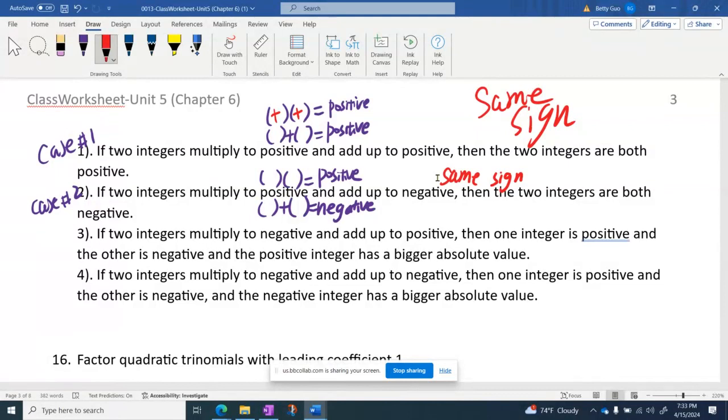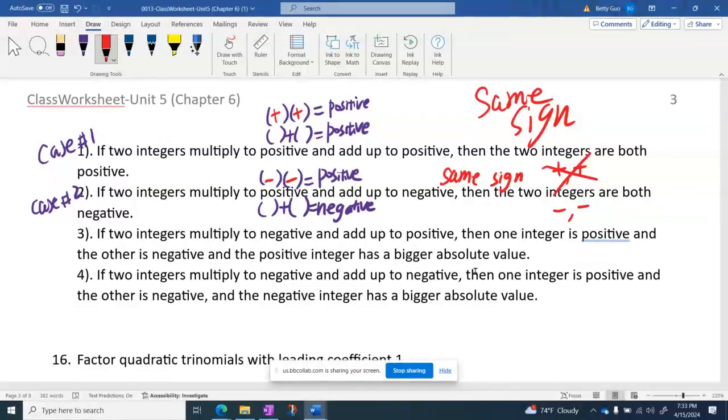They are either both positive or both negative. But they cannot be both positive because the addition has to be negative. So the two numbers are both negative. Because if they are both positive, their addition must be positive. But no, the integers we are looking for add up to negative.